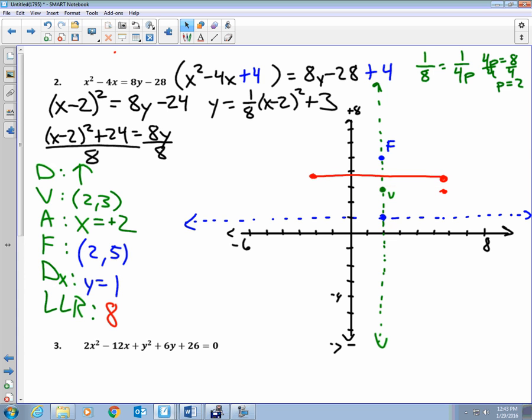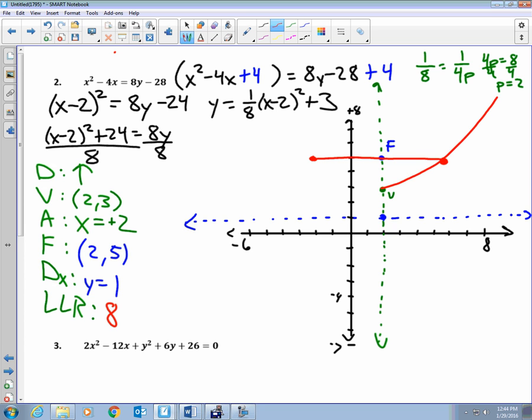Stop, stop, stop. All right. The absolute value of 4p. All right, I'm going to draw it. And I will check.